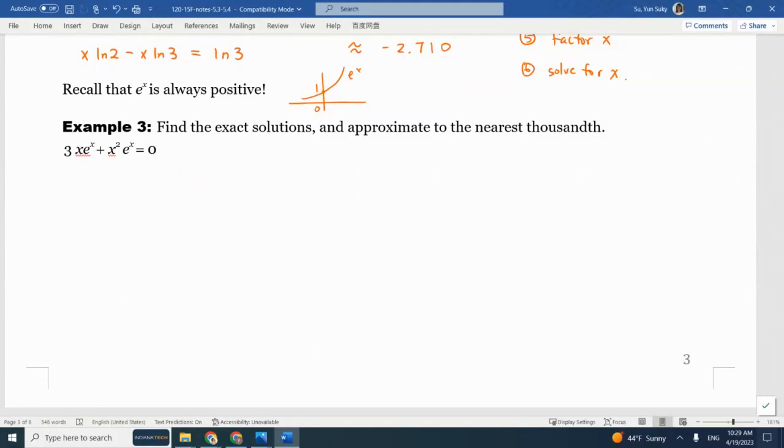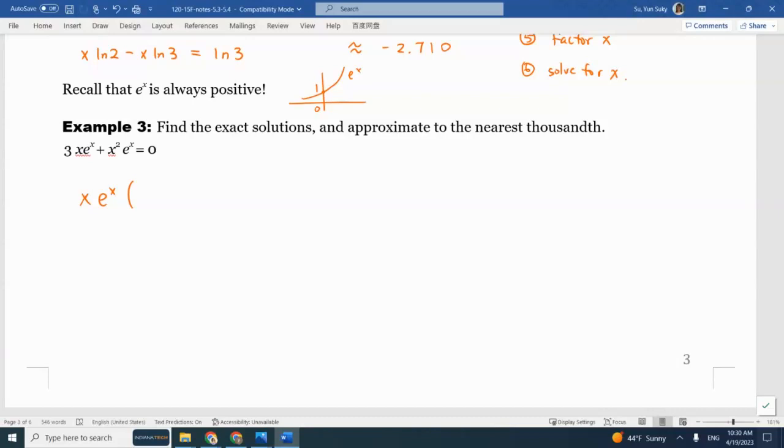Can you see a common factor? x and e to the x. So x e to the x. After we factor, what do we get? Deanna, after we factor x and e to the x, what do we get? We factor out x.